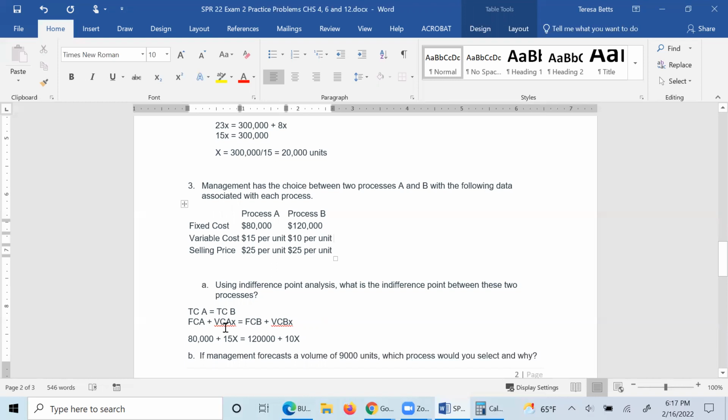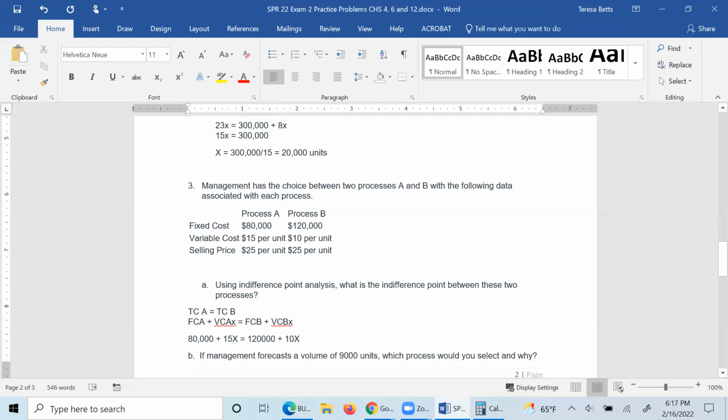So here's our setup: fixed cost of A plus variable cost of A equal to the fixed cost of B plus the variable cost of B. It looks to me like 15x minus 10x is going to be 5x, which is going to be equal to 120,000 minus 80,000, which should be 40,000, right?